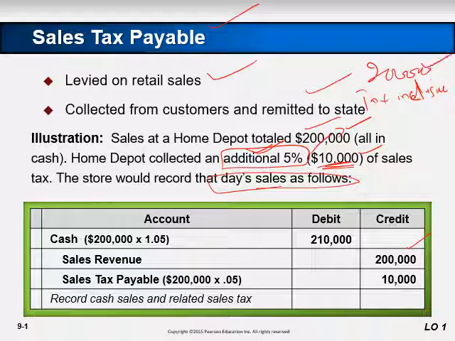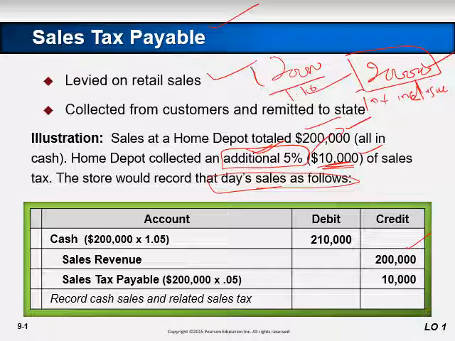Then you have to divide 200,000 by 1.1. That would be your sales revenue, and the rest of the amount would be your tax payable.